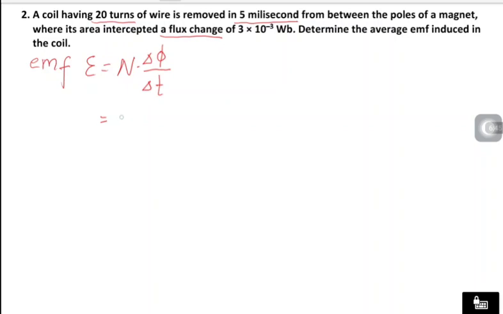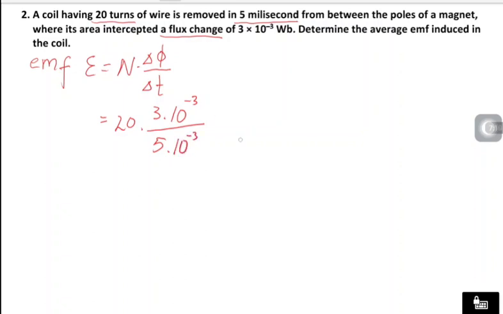Turns N is 20. Change of flux is 3 times 10 to the minus 3 divided by 5 milliseconds. The 5 milliseconds has to be changed into seconds, so times 10 to the minus 3.